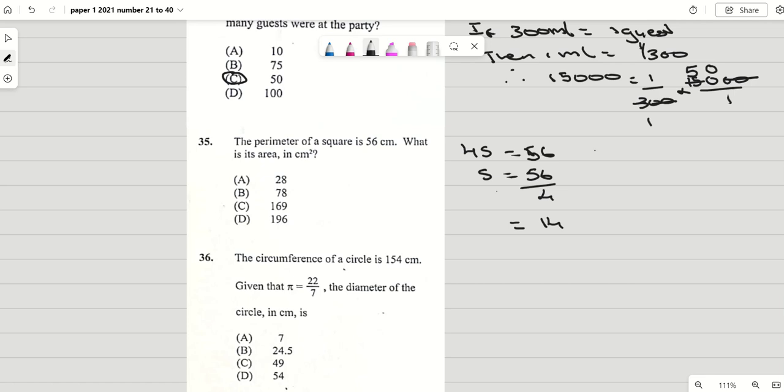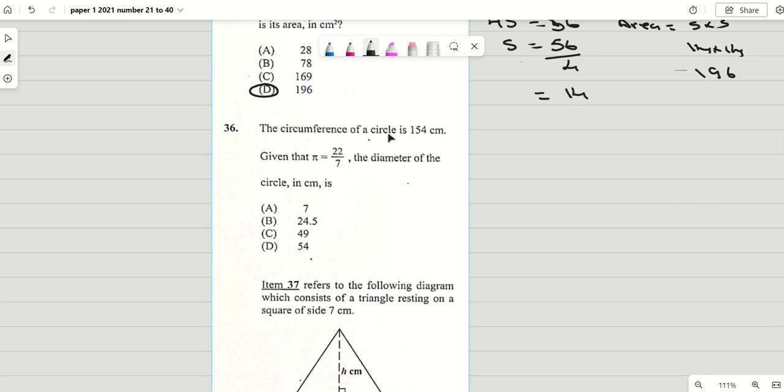Right? And then we know area is equal to side times side, which is 14 times 14, which is equal to 169. No, not 169, sorry, 196. So your answer is 196, which is D. Right?